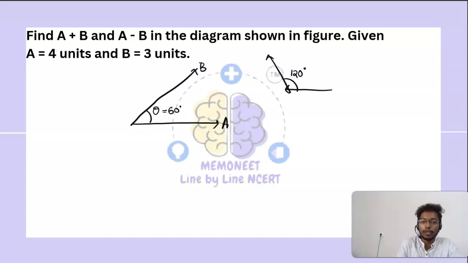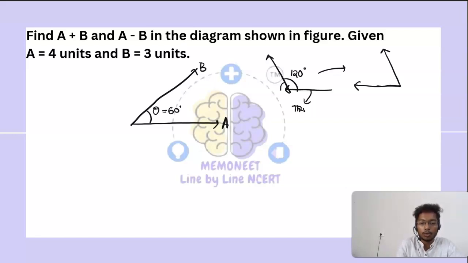I have told in the conceptual video that we will join them either head to head or tail to tail. Okay, so I will take this vector forward so that it joins tail to tail. On moving this vector forward, this will be the diagram.